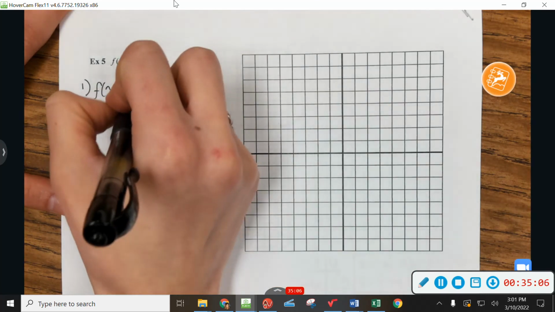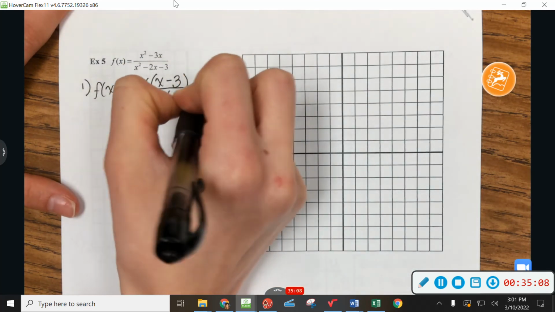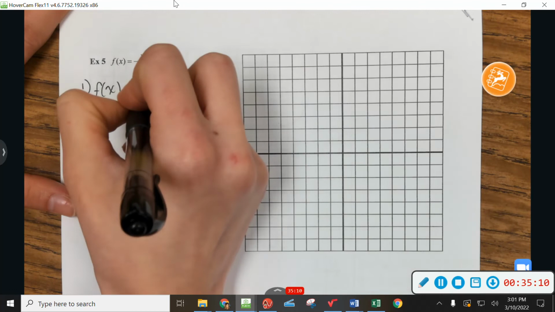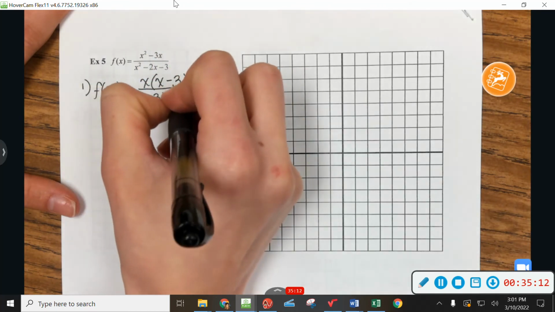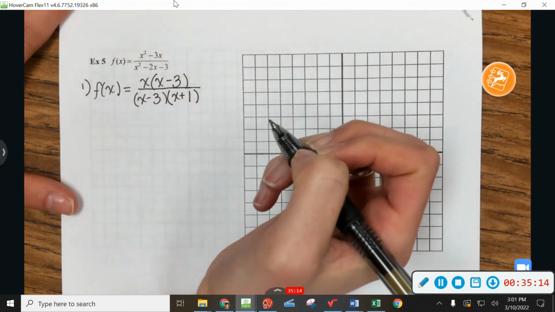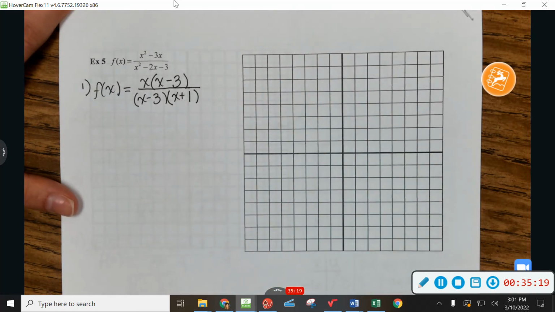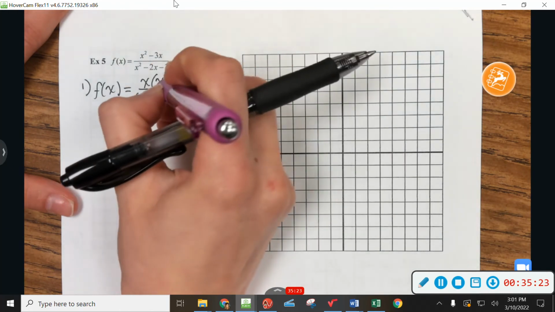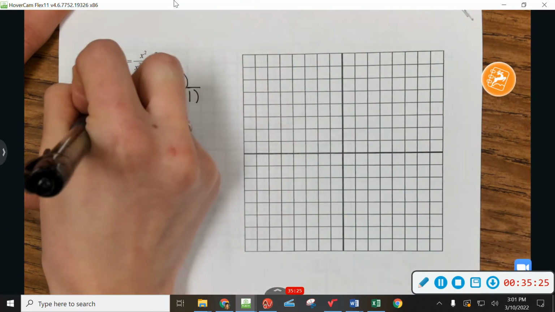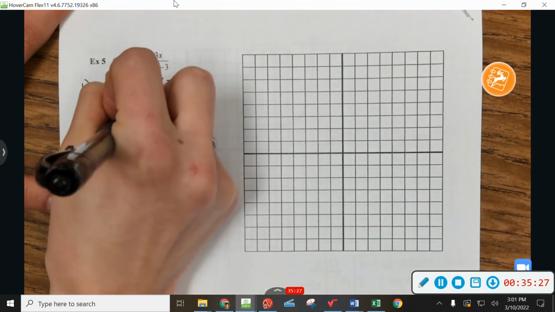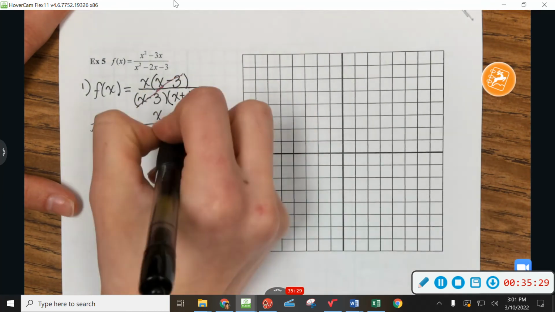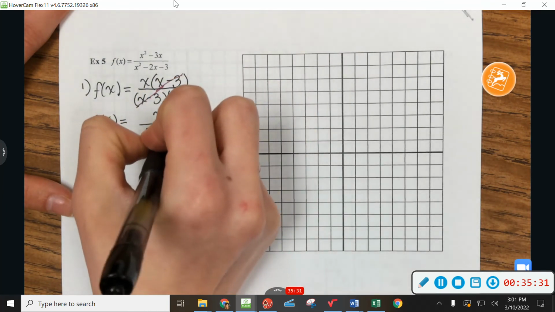And then my denominator is a trinomial that I can factor into x minus 3 times x plus 1. Can I simplify and reduce that? Yes, my factors x minus 3 can cancel, so my factored form is just x over x plus 1.